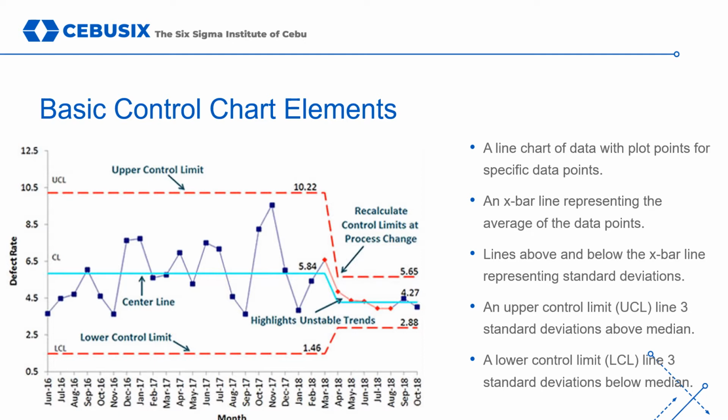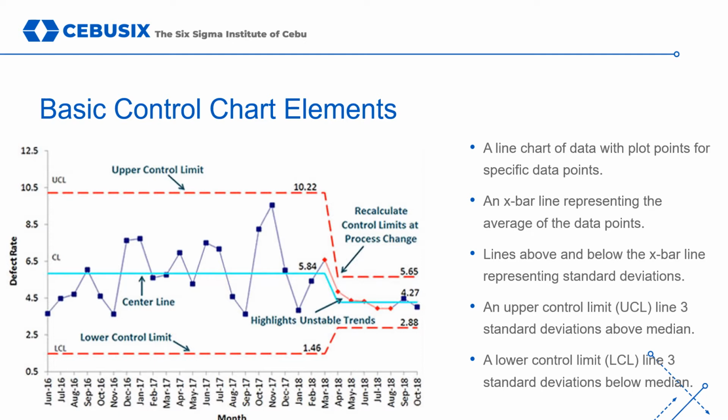Above and below the X-bar line, there will be two more sets of lines indicating 1 and 2 standard deviations away from the average. Beyond these lines are the upper and lower control limits, which are located at 3 standard deviations from the average. Generally speaking, we want all of our data points to fall within the upper and lower control limits, and it is obviously preferred that these points stay well within the 1 standard deviation lines.